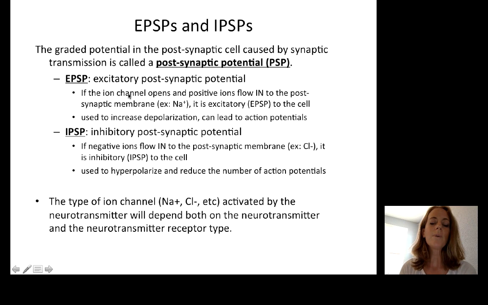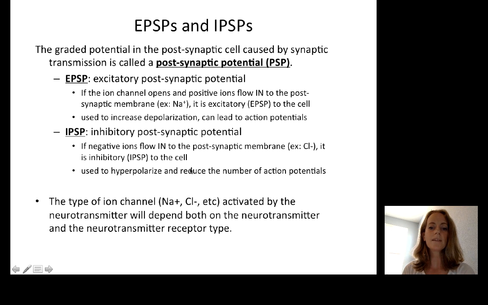And how do we depolarize a membrane? Think back to the ion changes that we talked about in the last lecture. Most commonly, depolarization is caused by sodium entry. So if sodium enters a synaptic membrane, then this will be an EPSP, or an excitatory graded potential. This is used to increase depolarization. This can get the cell closer to threshold, and it can build up to lead to action potentials.